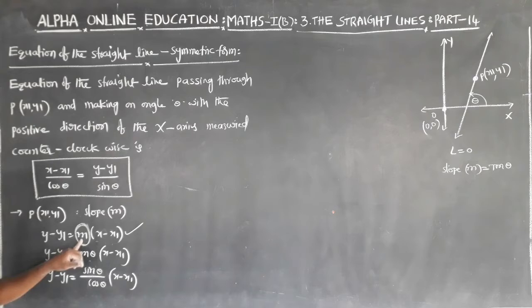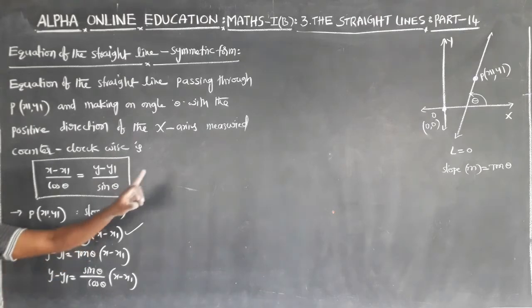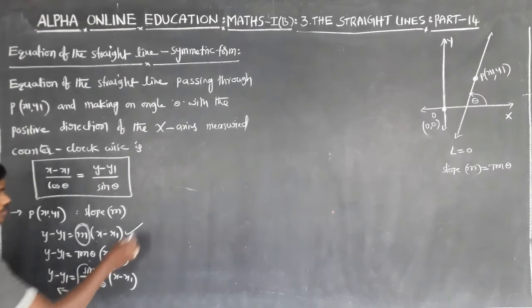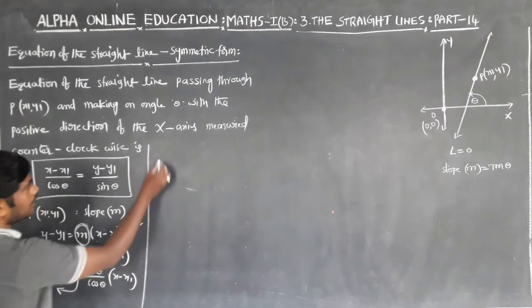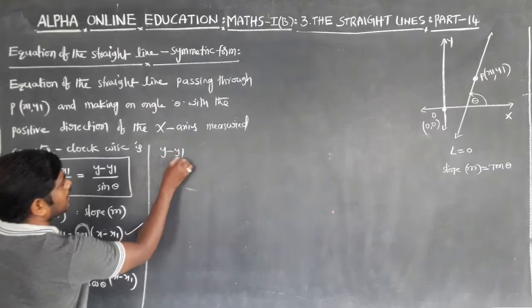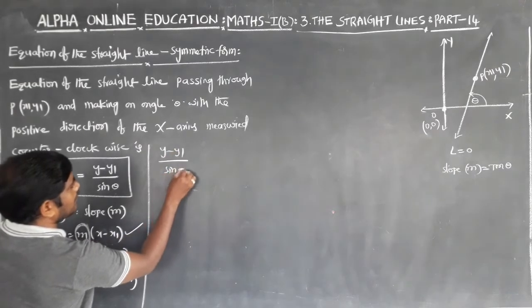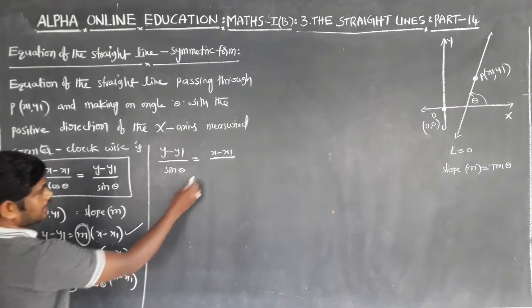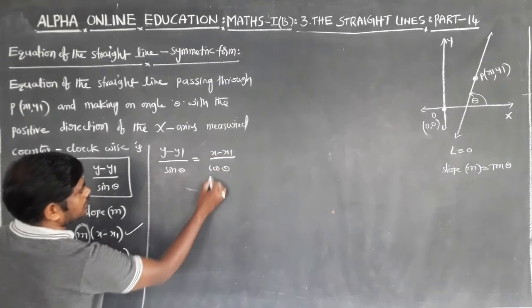Here m means the slope of the line, m is equal to tan theta, and tan theta is equal to sin theta by cos theta. Taking sin theta to the left side, (y minus y1) by sin theta is equal to (x minus x1) by cos theta.